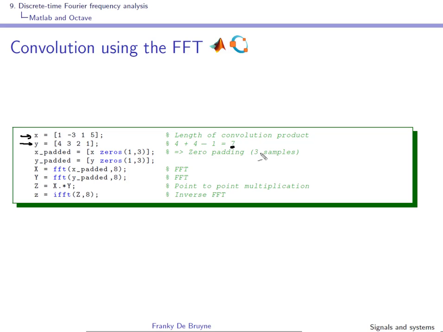So what we'll do is add 3 zeros, 3 samples, and take the FFT. So we'll take the DFT, we'll go to the frequency domain, and we'll use 8 samples because 8 is a power of 2, right?